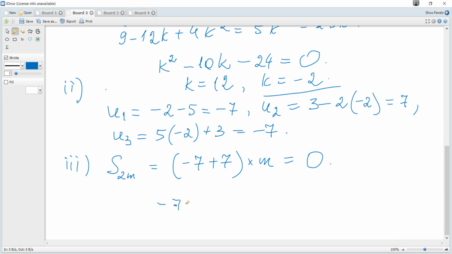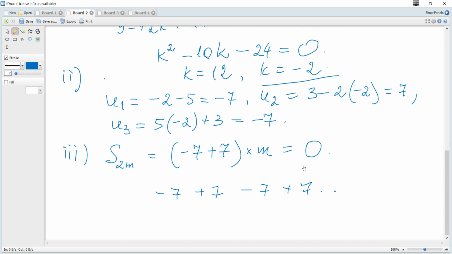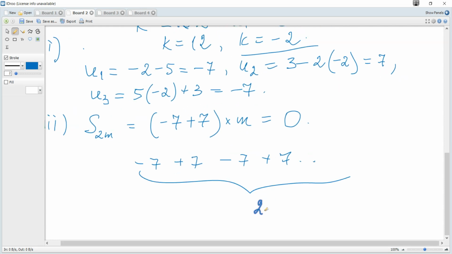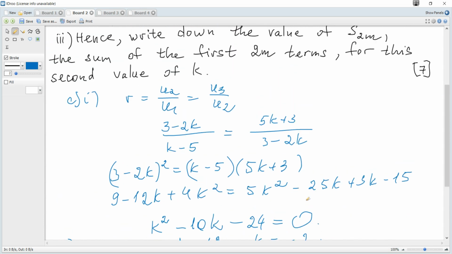So negative 7 plus 7, negative 7 plus 7, and it's very important that it's 2m, an even number of terms, and definitely it's 0, because there will be some integer number of such pairs, negative 7 plus 7. And that's all for this question.